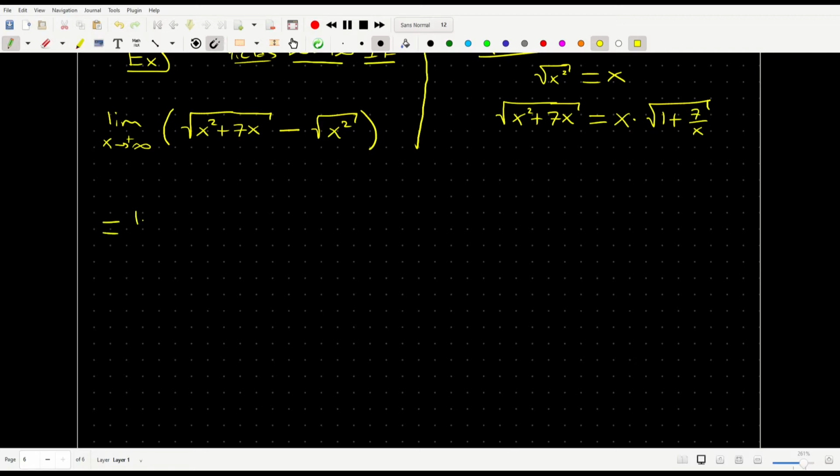So the limit that we're trying to evaluate here is the same thing as when I plug both of these in and factor out an x. It'll be x times the square root of 1 plus 7 over x minus 1.